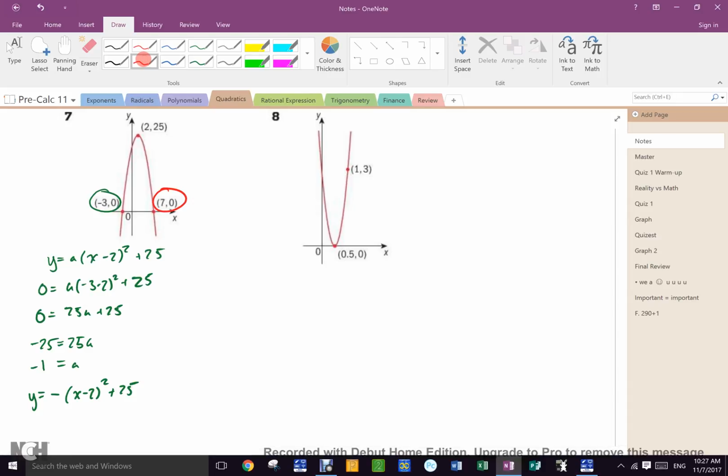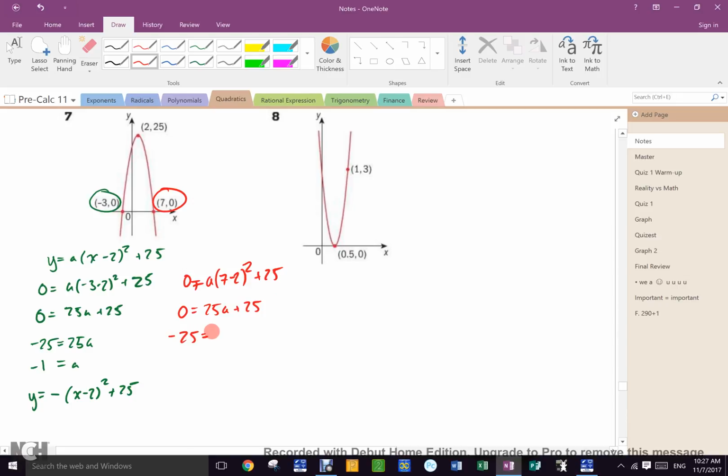Now, in red, what happens? What goes in? 0 equals a(7 minus 2) squared plus 25, yes? Right? 0 equals 7 minus 2 is what? 5. 5 squared is what? 25a plus 25.